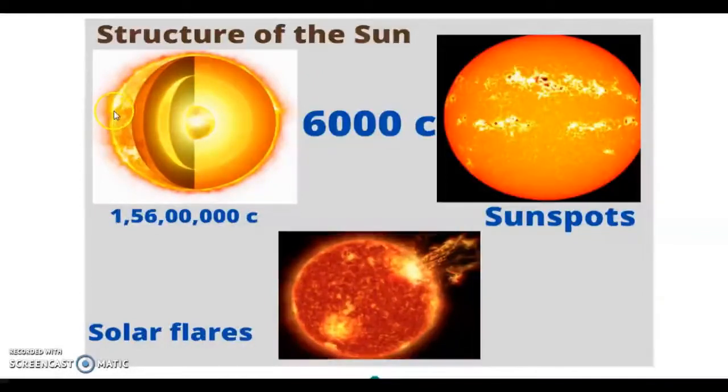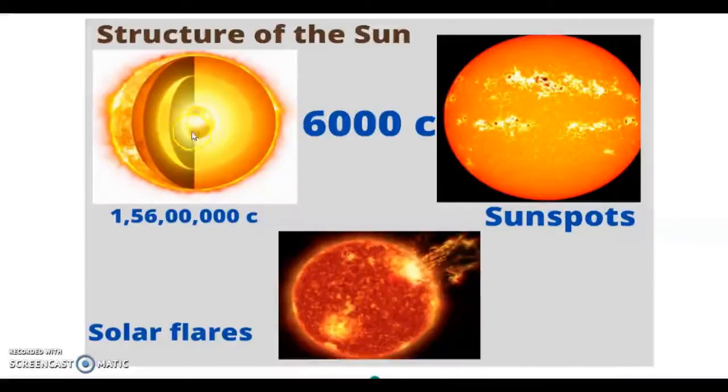Yes, the sun consists of hydrogen and helium gases. So the core consists of a large amount of helium gas. Why? Because the hydrogen gas is converting into helium gas at the core.